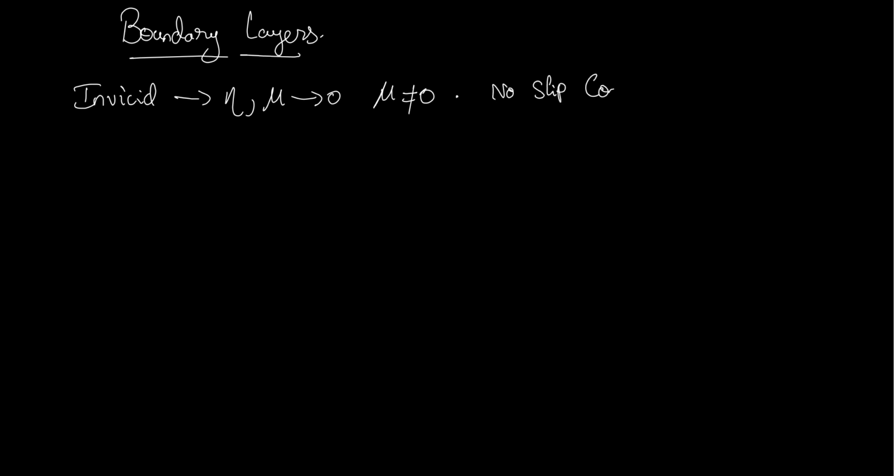because when you have, suppose this is a surface over which there is flow, the flow that is very close to the surface, almost on the surface, will stick to the surface, and its relative velocity with respect to the surface would be zero.